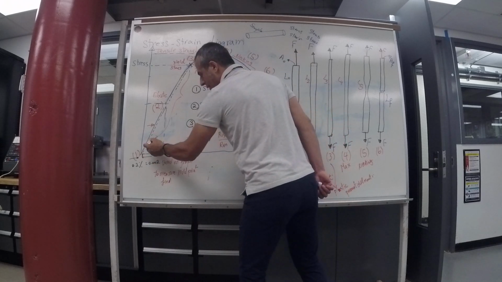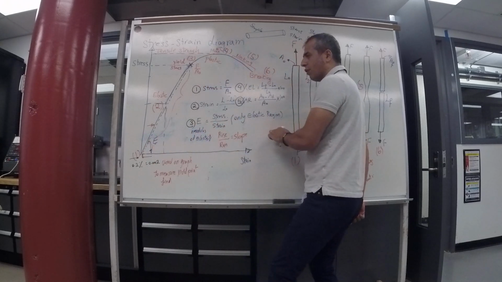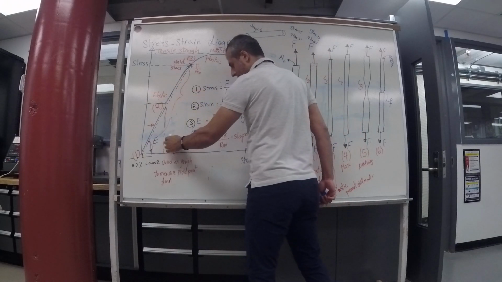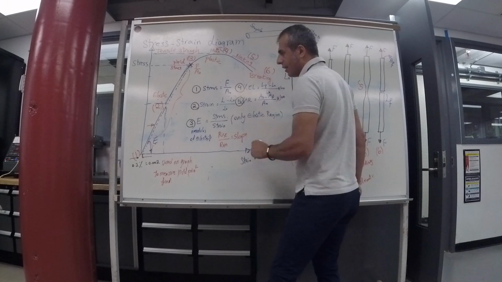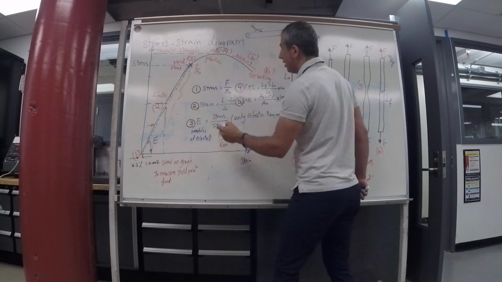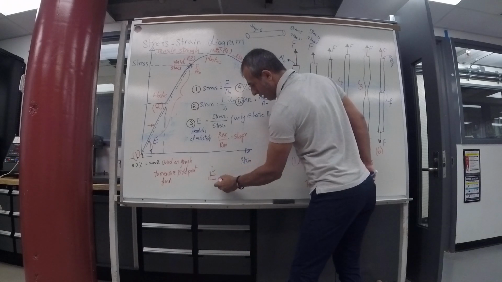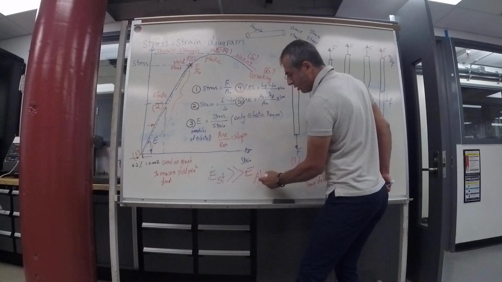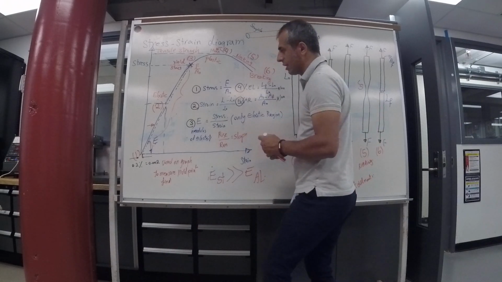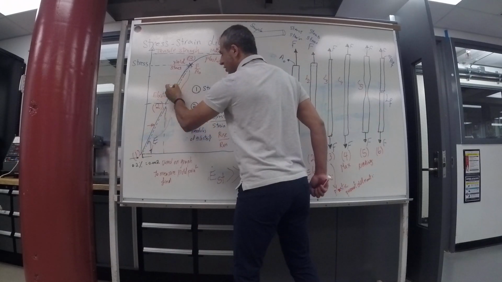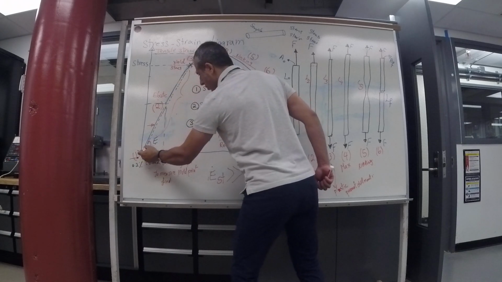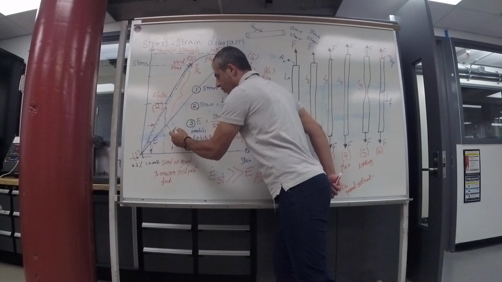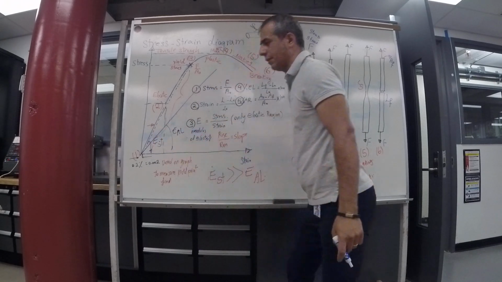This means the slope is E. So modulus of elasticity is only for the elastic region, which is linear. We will see that steel has a much bigger modulus of elasticity than aluminum. If this is steel, aluminum is going to be something like this, because E is going to be smaller for aluminum with respect to steel.